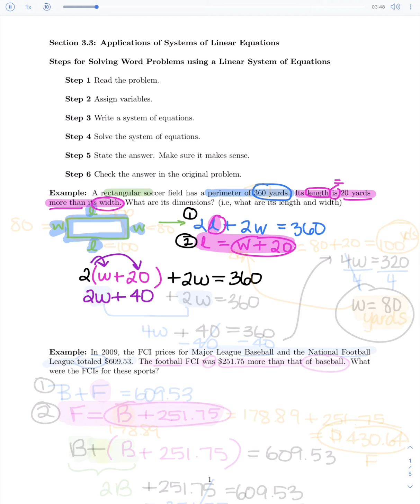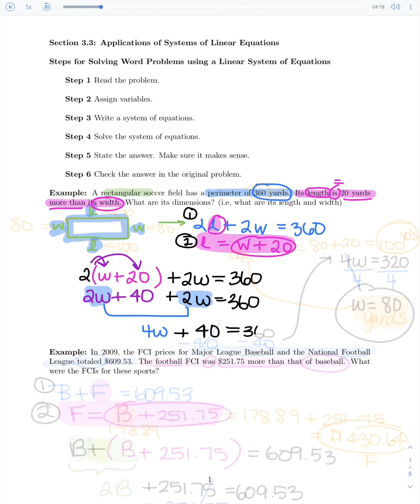Anything else would stay the same, so we've got plus 2W equals 360. Now I can combine like terms that are on the same side of the equation. I have a 2W and another 2W, which I can add normally, and that will become 4W. Don't forget, I also have a plus 40 on that side of the equation.